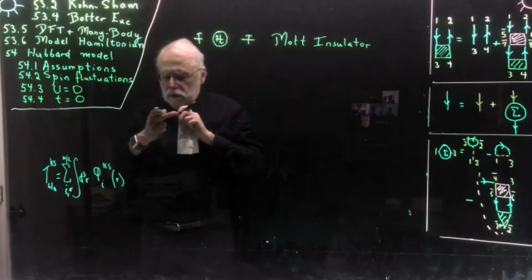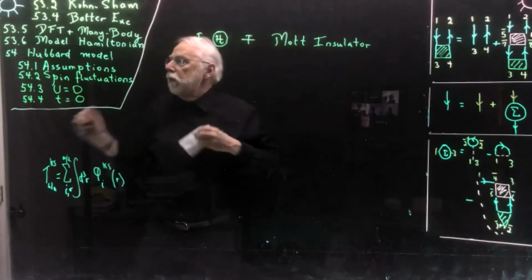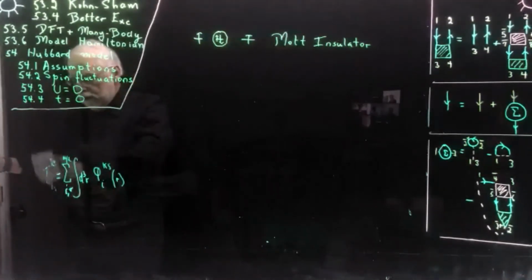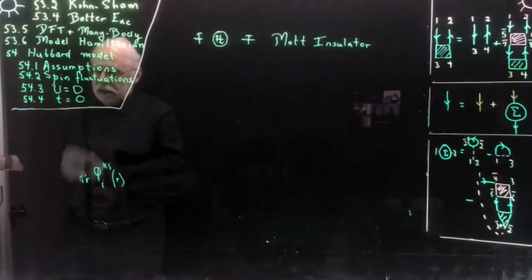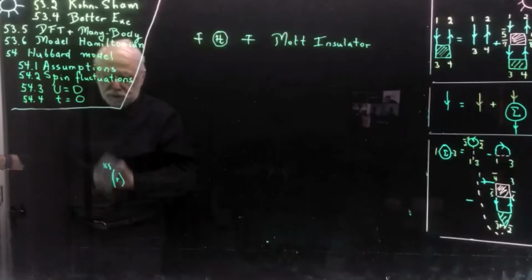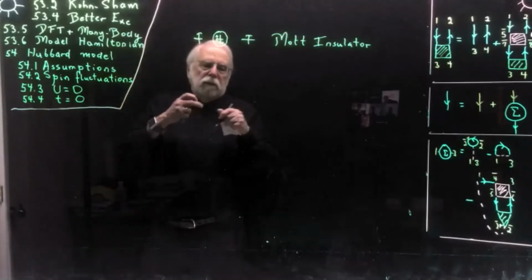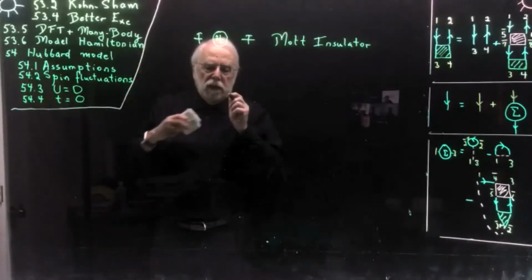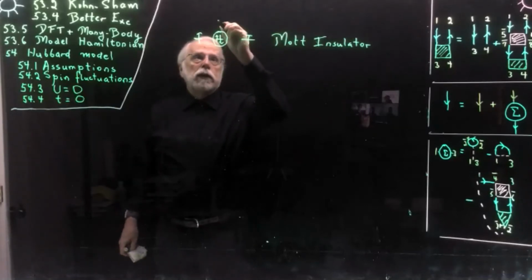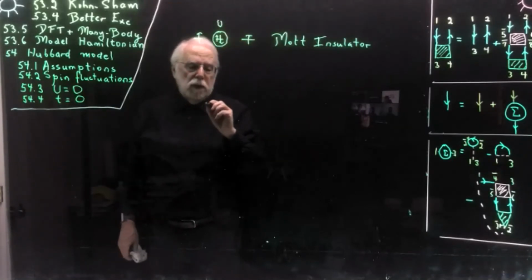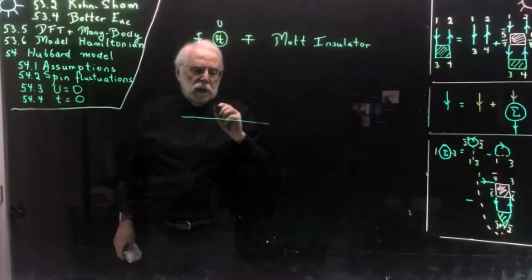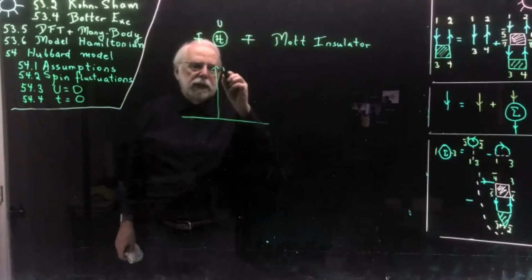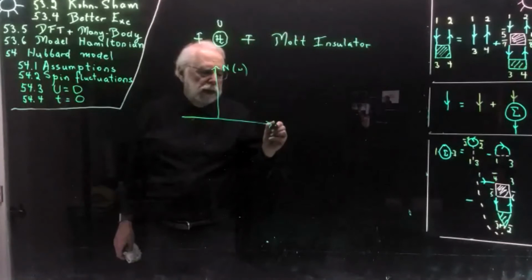So the idea of Mott was just that if you have this large energy U for repulsion, the electron can still travel a little bit. So if you had a single band, now I draw the density of states as a function of frequency.